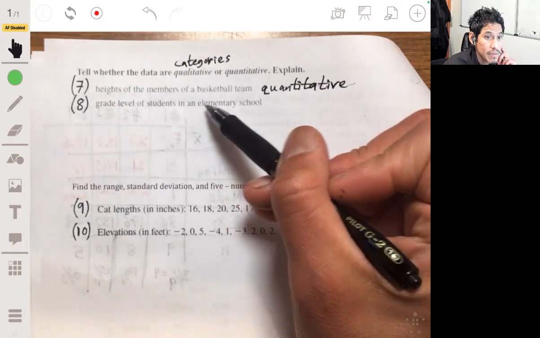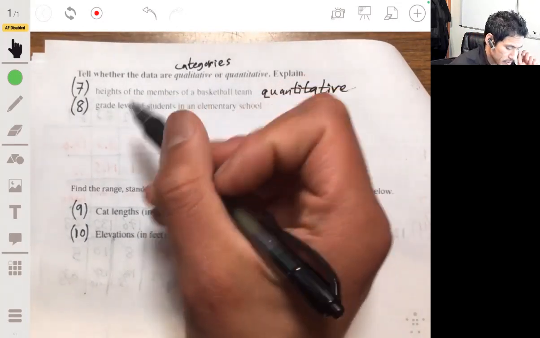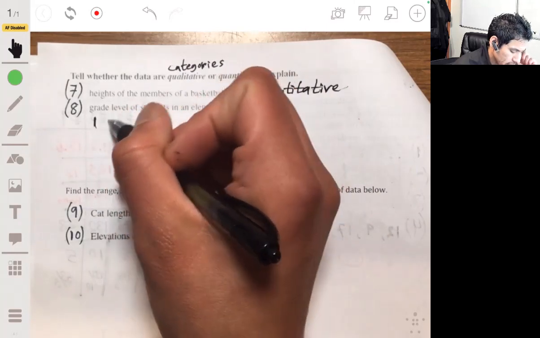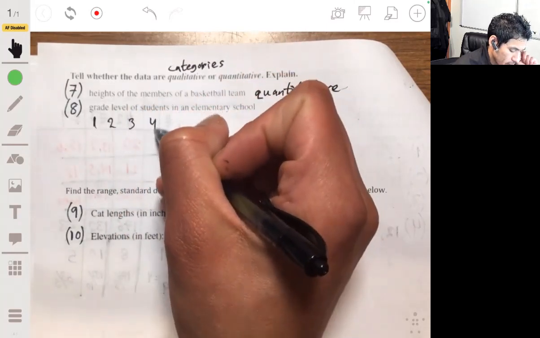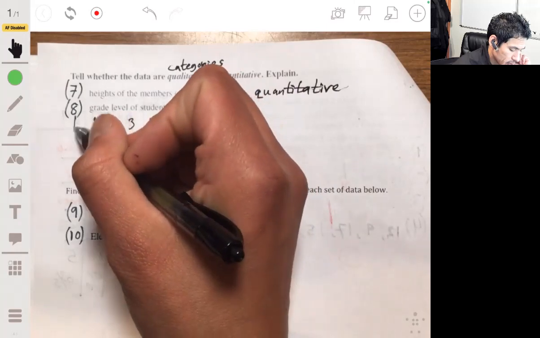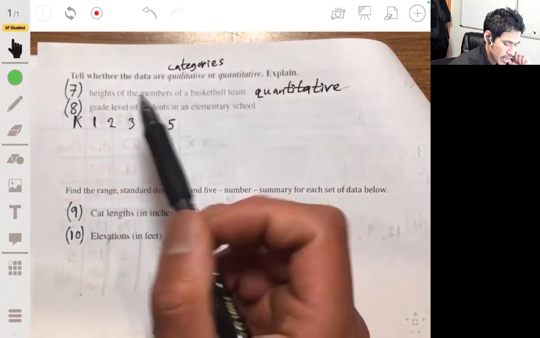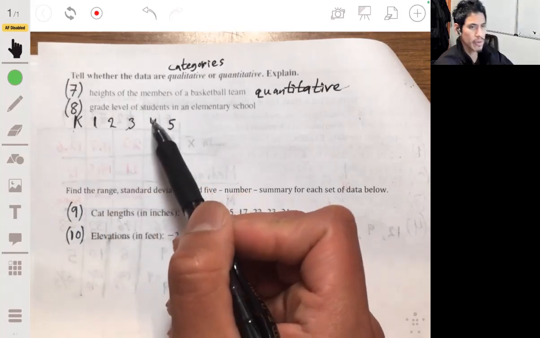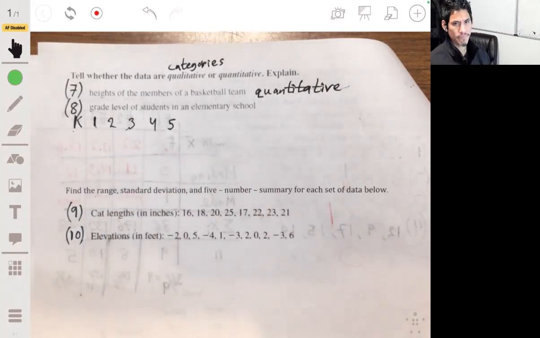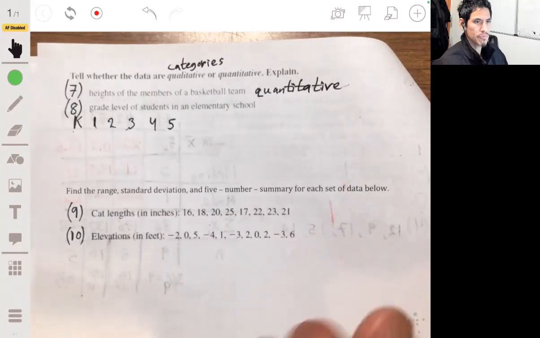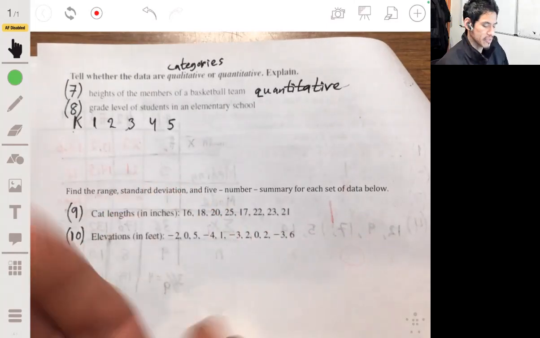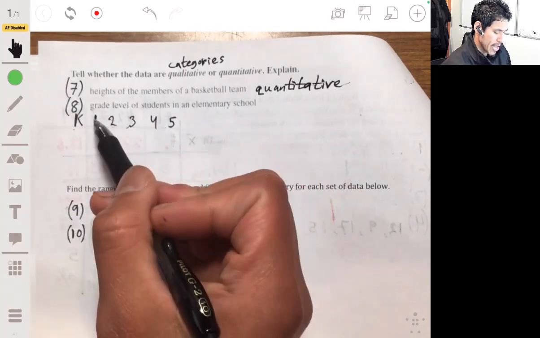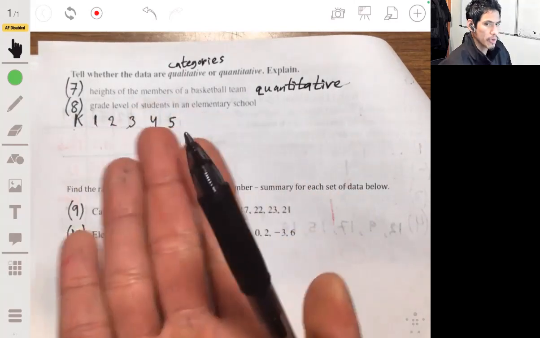Grade level of students in elementary school. This is a good one because you may be thinking, well, you could be in first grade, second grade, third grade, fourth, fifth, and kindergarten, right? And then you're like, well, there's numbers, but kindergarten, the word, how does that work? Well, these are still categories. Sometimes we can have categories where the name or group title is a number.